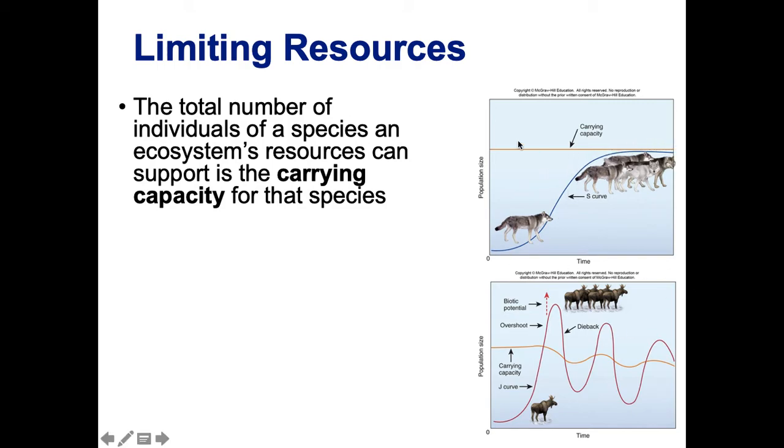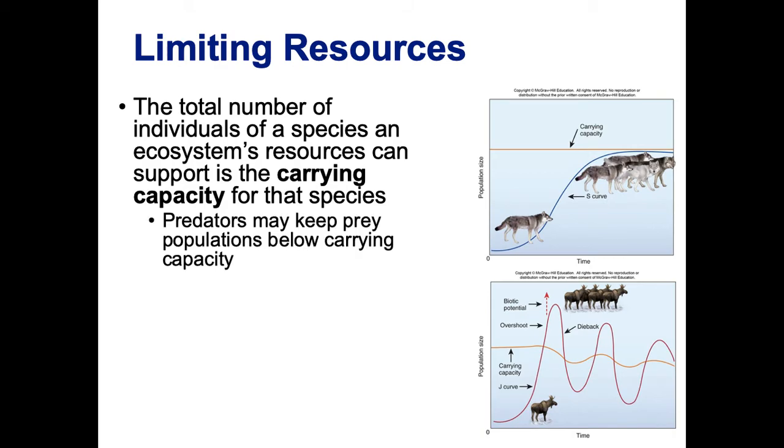So you hit what's called this carrying capacity, and that's the maximum number of individuals that ecosystem can sustain of that particular species. So here we see the wolves. They increase through time, and then when they start running out of resources, probably prey items, then they will kind of level out.